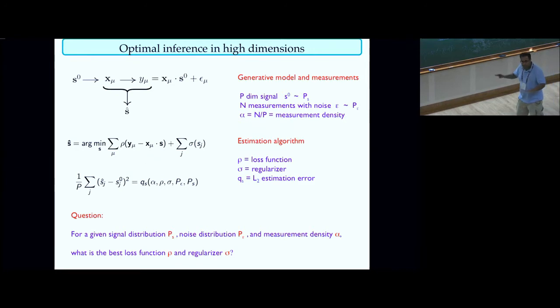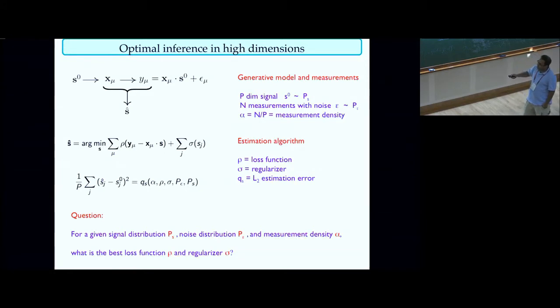So a huge number of algorithms are all special cases of this general form, but now you have an embarrassment of riches, right? Of all the possible algorithms you could use, which one is the best one? That's what we want to answer. Okay, so this is an optimization problem. We can frame it as a statistical mechanics problem, where we just put e to the minus beta of this thing, and that's our Boltzmann distribution, and we take beta to infinity, so we take the zero temperature limit.